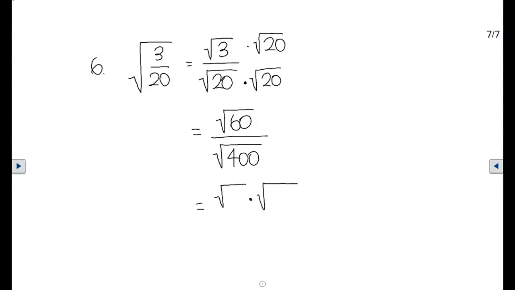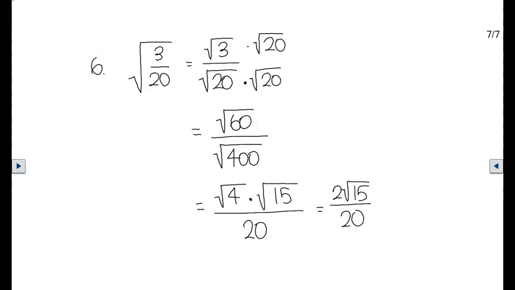One of them has to be in my perfect squares list. I think I can do 4 times 15 and get 60. On this bottom square root, I don't need to split it up because it is a perfect square. The square root of 400 is 20. So, simplifying the top a little more is going to give me 2 square roots of 15 over 20.